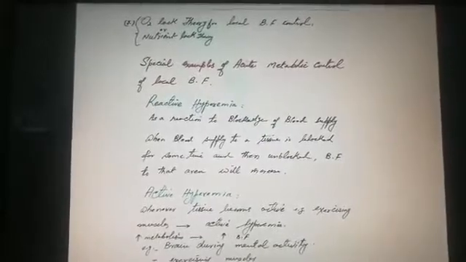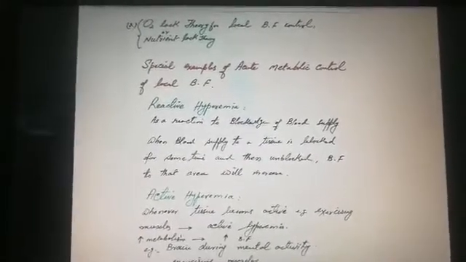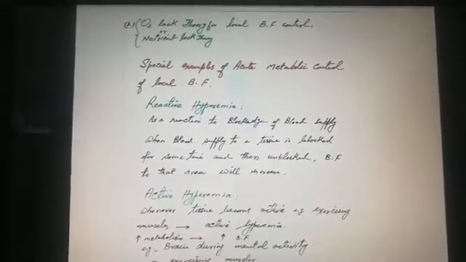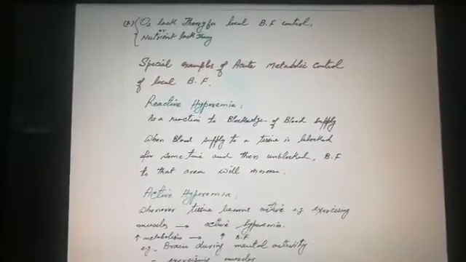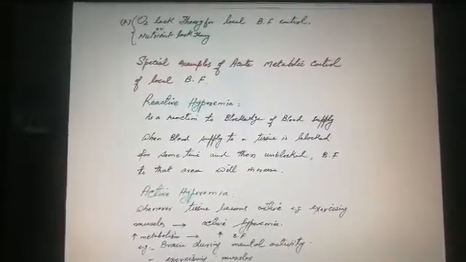So when we unblock the blockage, the pressure is released.